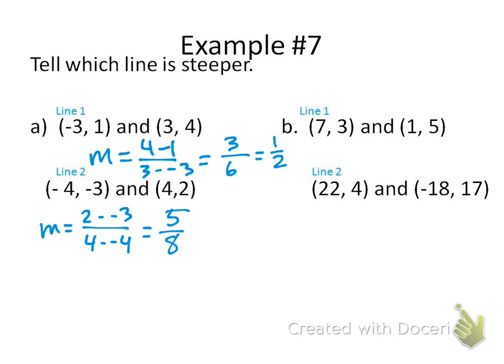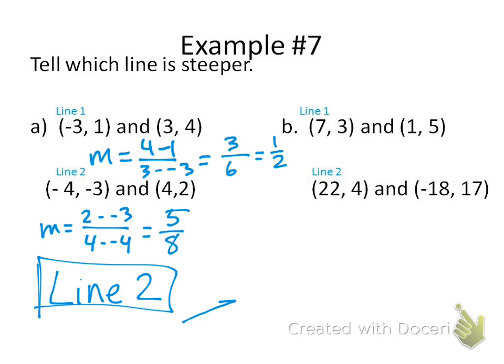And 5/8 on the other one. Now, these are both positive, so just compare them. What's bigger, a half or 5/8? 5/8. So that is the steeper line. So line 2 is steeper. What are your questions on this? Steepness of a line.